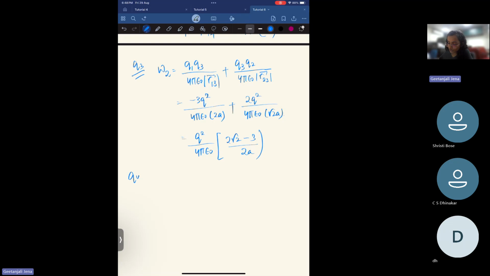Now for Q4, you need to do the work against Q1, R14, as well as Q2, R24, plus Q3.